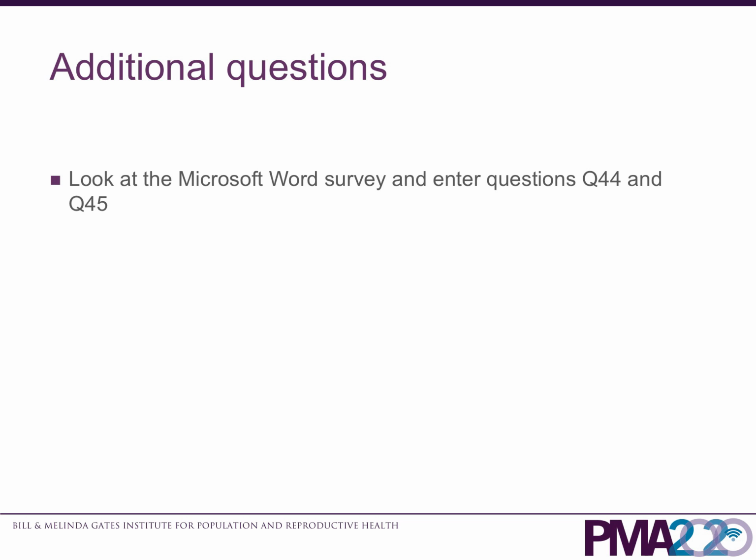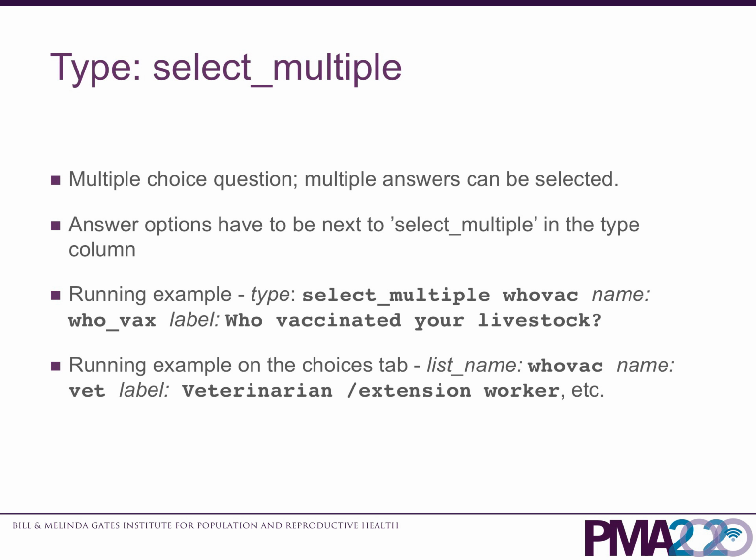We now want to talk to you about a type of question called select multiple. This type of question functions in the same way as a select one, except that the interviewer can check multiple boxes related to answer options rather than just choosing one.